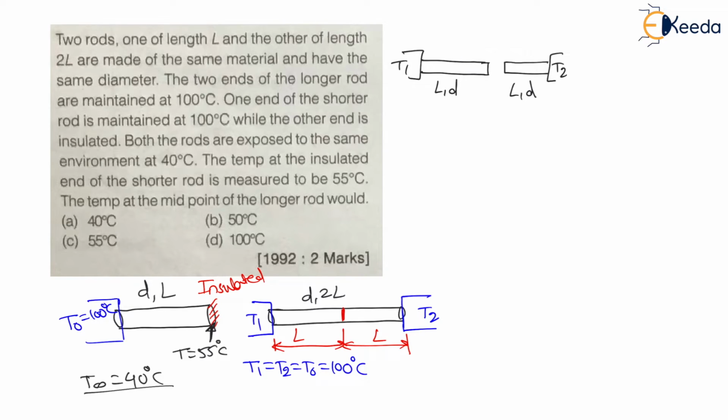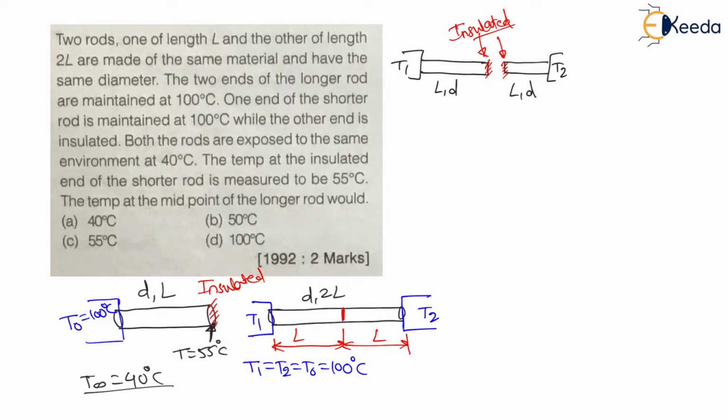But in reality these are combined together, they are not separate. That means this end for both we have to assume insulated, and in reality it is insulated only because they are joined together.